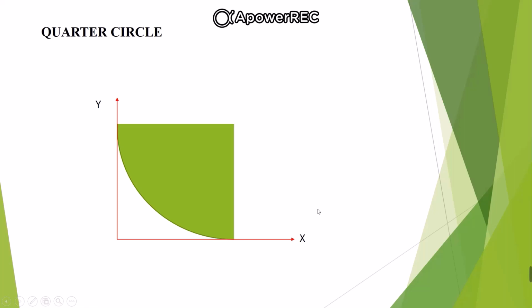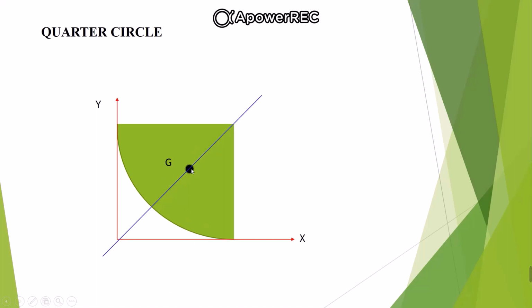Now coming to the last one, that is quarter circle. So here when you draw a line which makes an angle of 45 degree with the horizontal axis, you can see that this section is symmetrical about this line, right? So G will be anywhere on this line.